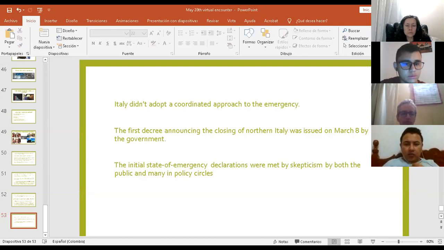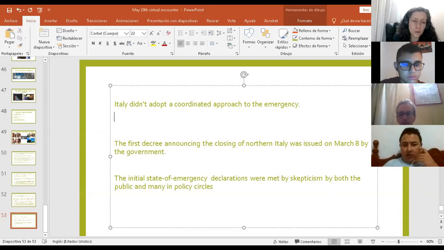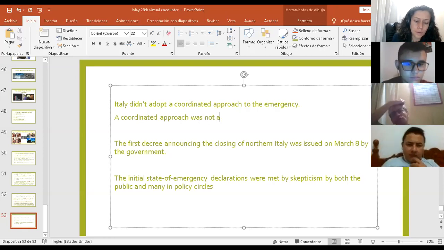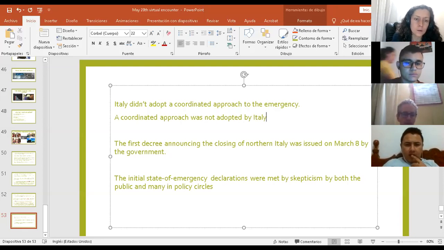A coordinated approach wasn't adopted to the emergency by Italy. A coordinated approach to the emergency.